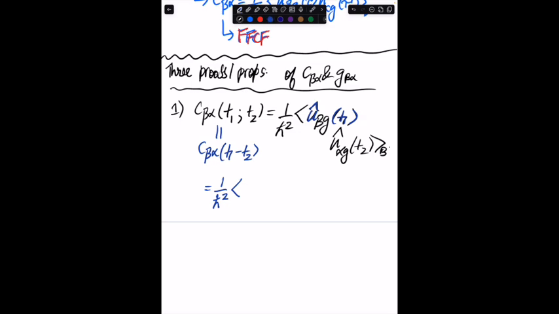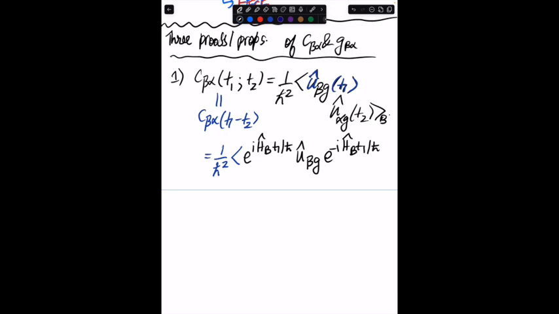So you can just write this as e raised to the power i h b t1 upon h bar, your energy gap operator itself, and e raised to the power minus i h b t1 upon h bar. And I would do the same for the second case, where I have e raised to the power i hb t2 upon h bar u alpha g e raised to the power minus i hb t2 upon h bar.